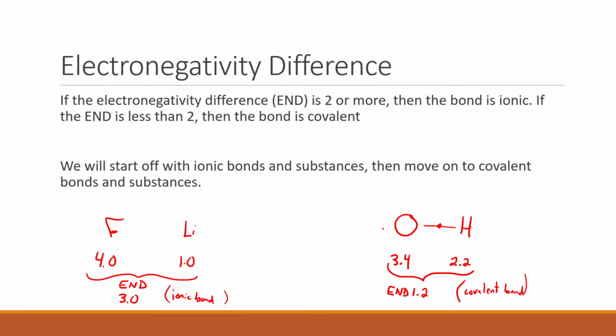We're going to start off in our next video talking about ionic bonding. Ionic bonding, because it is kind of cut and dry, is a little simpler to understand. It's a little bit easier to work with and to start getting our minds around these concepts.